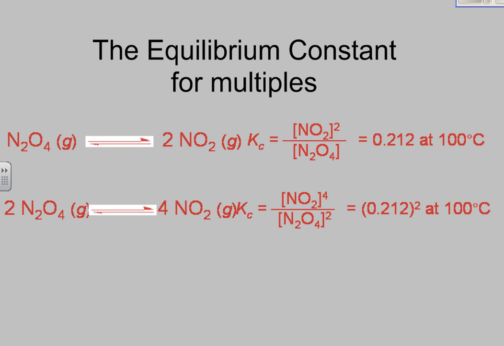And so now, it's a little bit surprising here, is that if we look at the equilibrium expression, we end up squaring the value for the equilibrium constant. Right, so if we double the equation, which we could do if we applied Hess's law or something like that, if we doubled the coefficients in the equation, we actually square the value for the equilibrium constant.